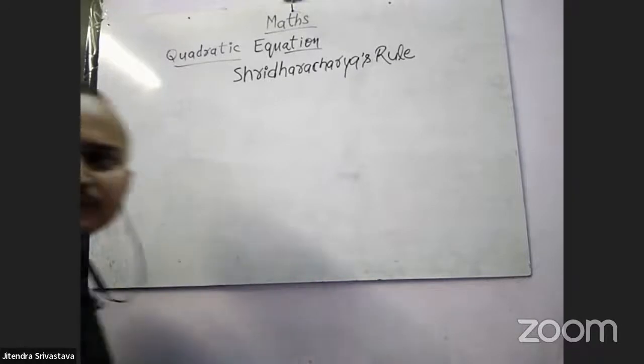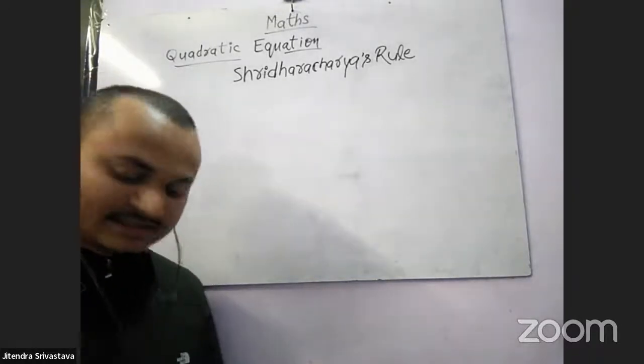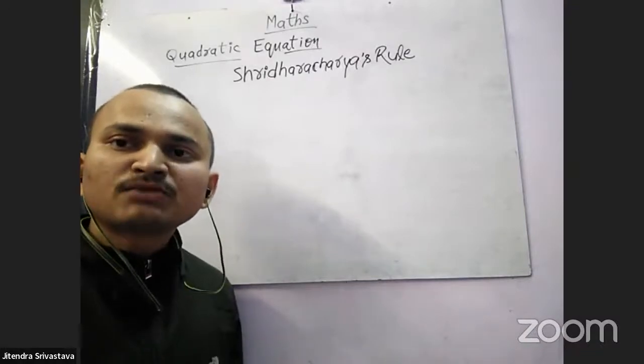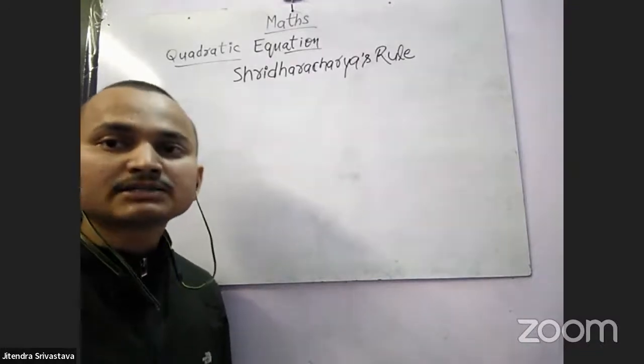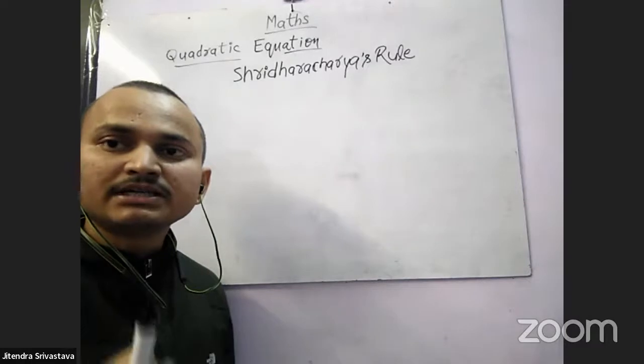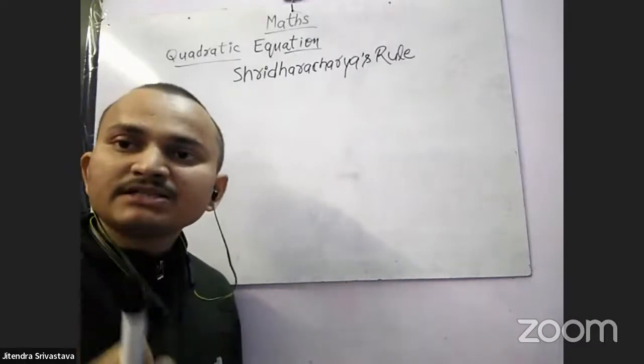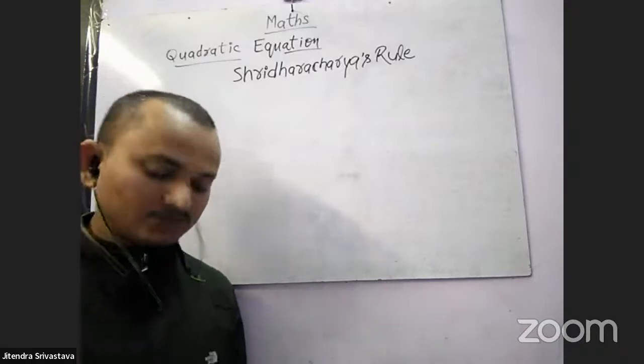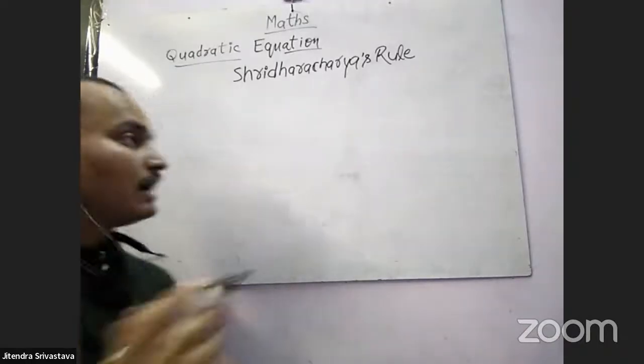First of all, we will consider the standard form of quadratic equation, which is ax square plus bx plus c equals 0, where a, b, c are real numbers and a is not equal to 0. So that is the condition.